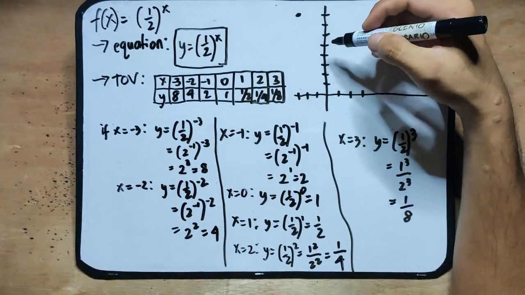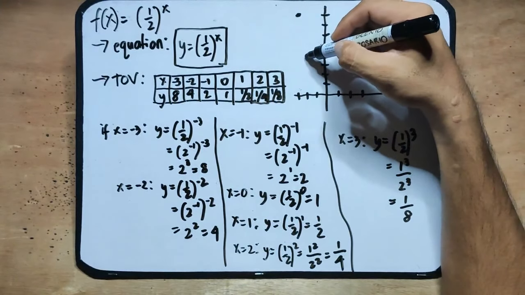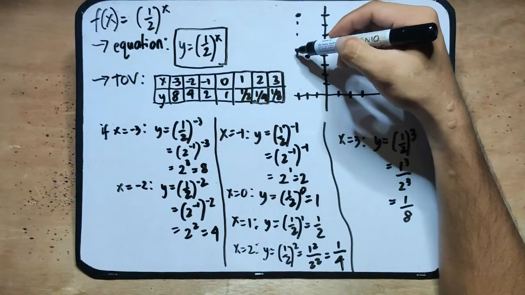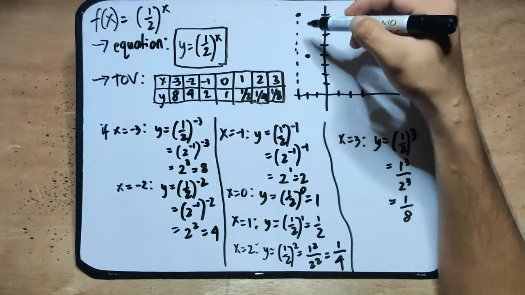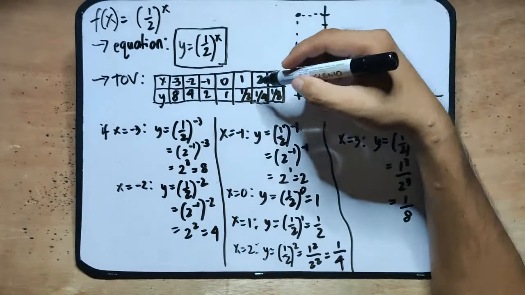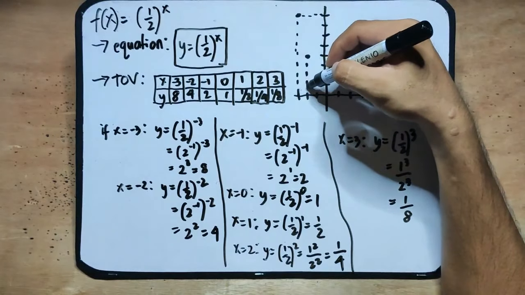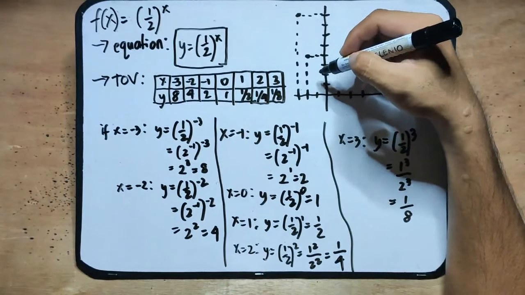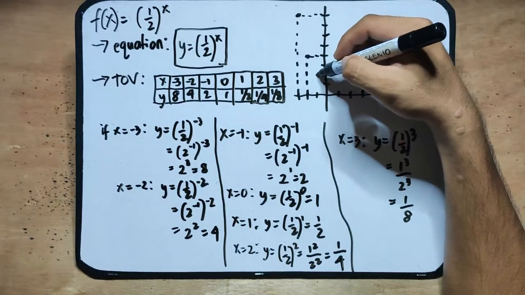If x is -2, y will be +4. Dito siya. So, para makita ninyo kung paano siya na-plot. It's like this. If x is -2, y will be +4. If x is -1, y will be +2. Dito siya.